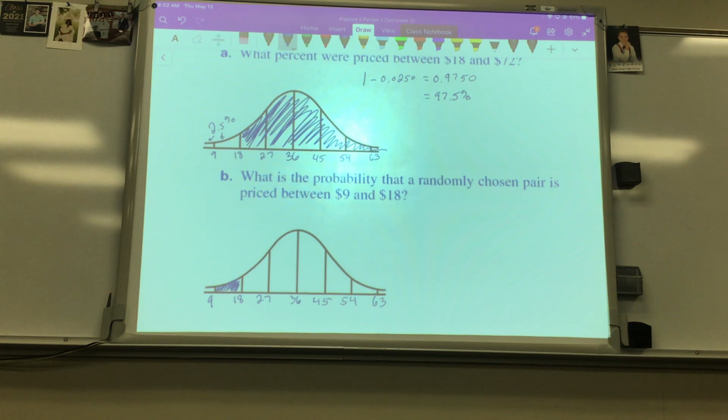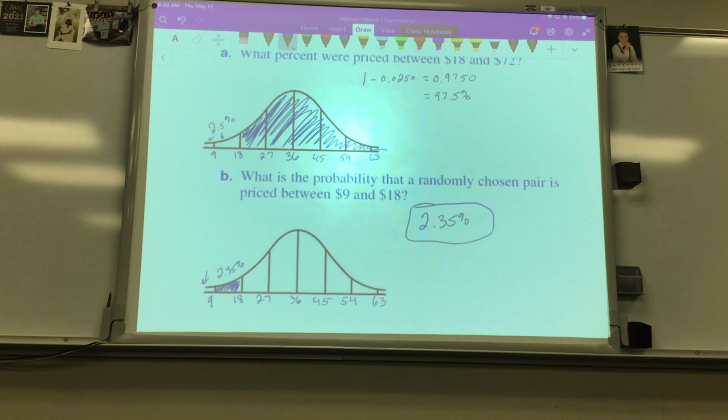What's that one part worth? What's that? 2.35, right? We're not including that last bit of that tail. That one's worth 0.0015 or 0.15%.